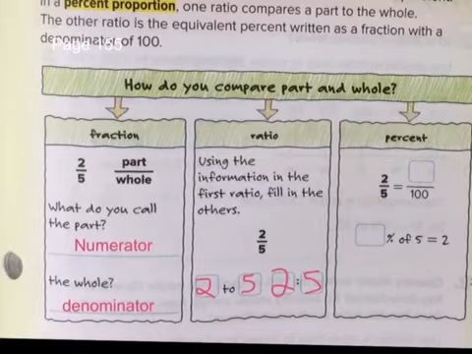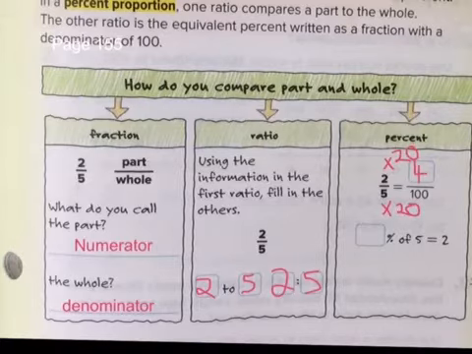Whatever we do to the 5 to make it 100, we must do to the 2. We multiply the 5 times 20, because 20 times 5 is 100. So we must do the same to the top. We multiply it by 20, and we get 40. 40 out of 100 is 40%.